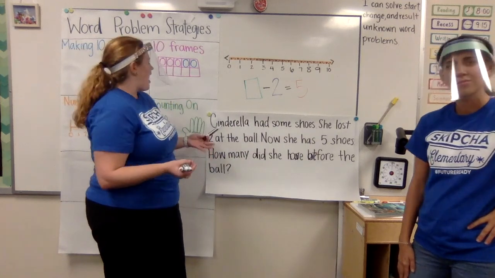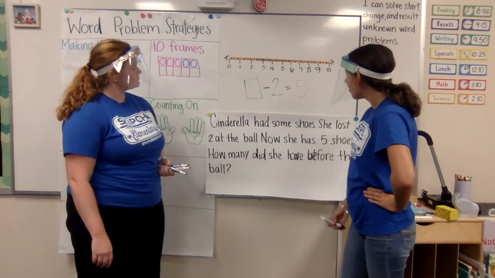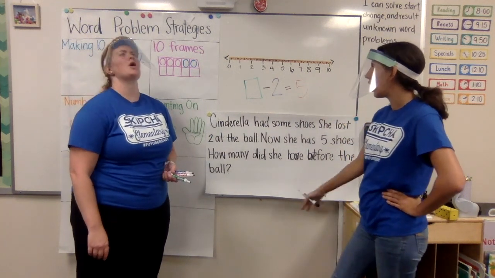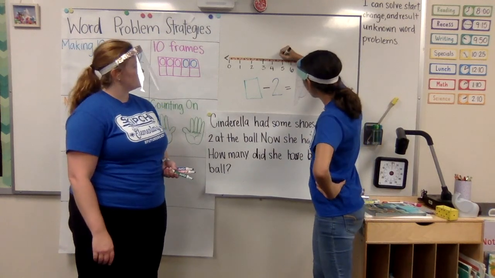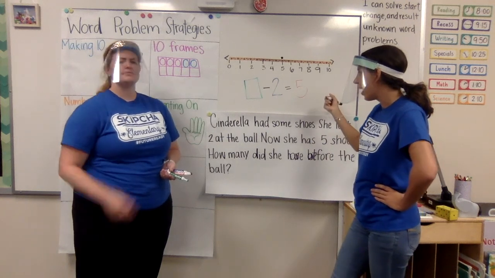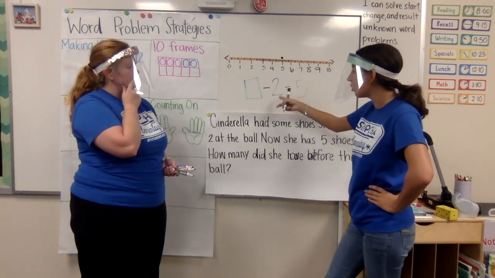Miss Lustico, how would I solve this on a number line? Well, I know that she has 5 shoes at the end of this problem. So I'm going to put a dot on 5 because that's how many she has at the end. And then, let's see, she lost 2 at the ball.